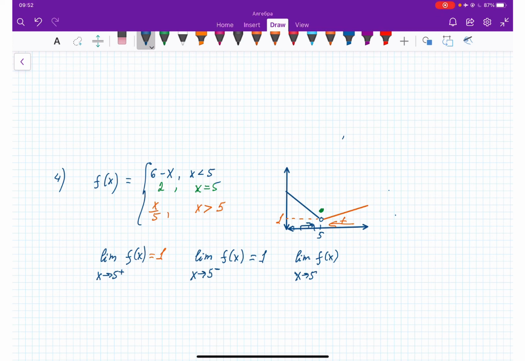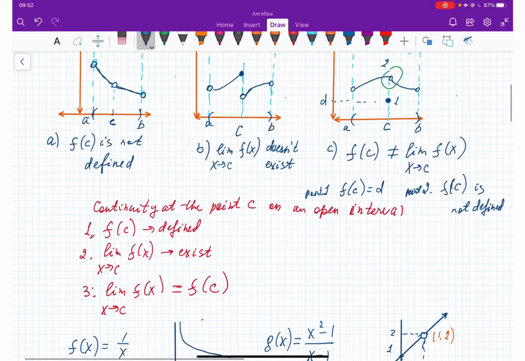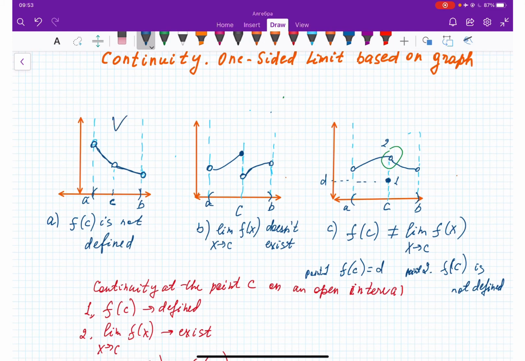And the limit at the point, f of x, is undefined. Looking at this, remember the very first example we were looking into, right here. It's undefined.